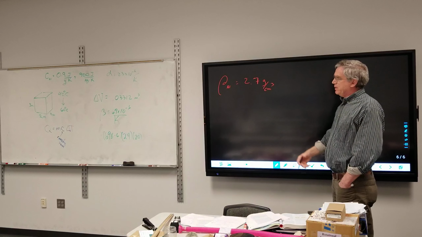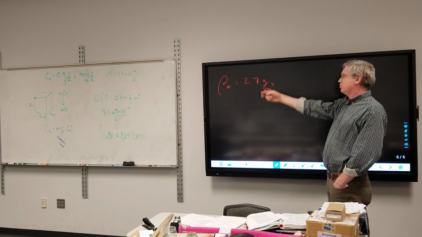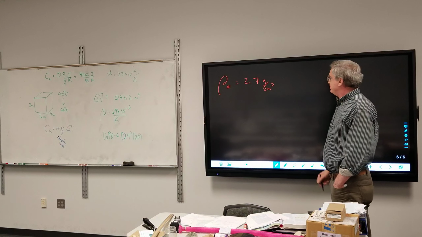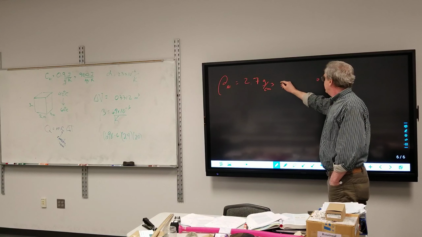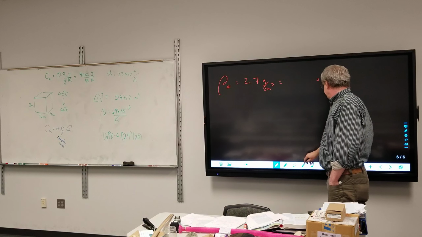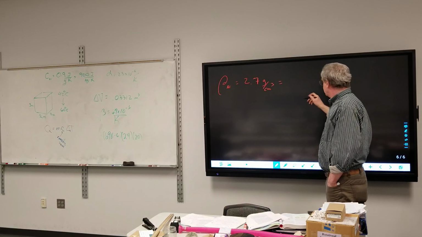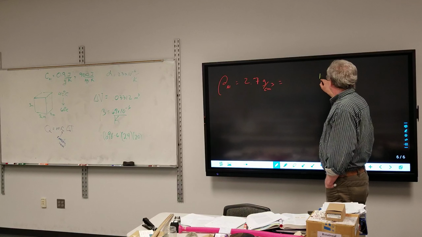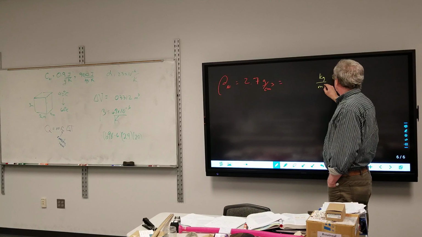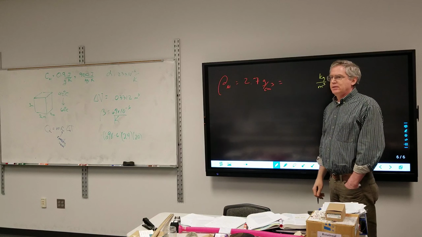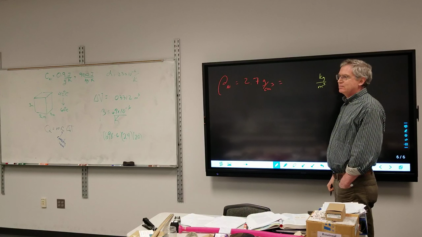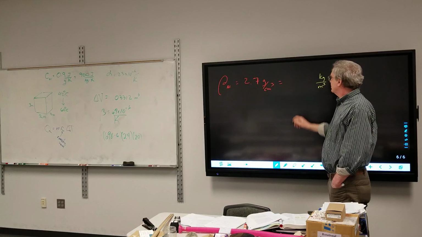But because we're doing traditional stuff and I've got joules per kilogram Kelvin over there, let's get this into kilograms per cubic meter. What would it be? 2,700.